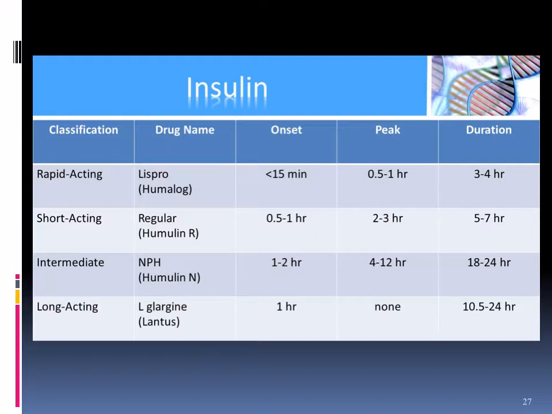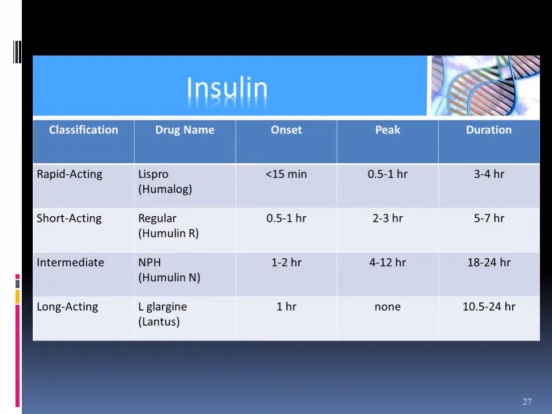And so you want to be sure to use your ATI scales. And so for the rapid acting, according to ATI, the onset is 15 to 30 minutes. The peak is 0.5 to 2.5 hours, and the duration is 3 to 6 hours. Like you said, this particular slide shows 3 to 4 hours.